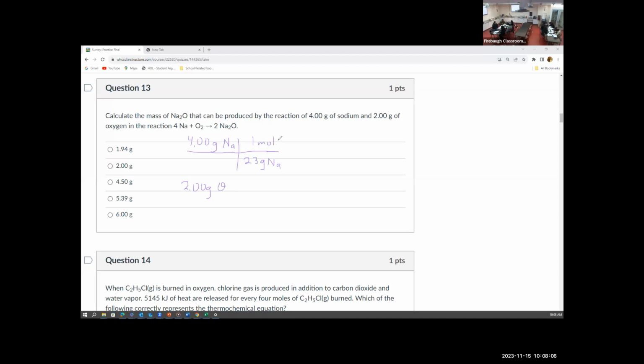It's going to be 1 mole of sodium. And we know for every 4 moles of sodium, we have how many moles of sodium oxide? We have 2. That's right.